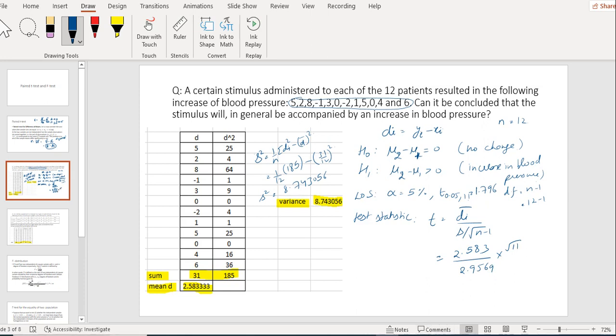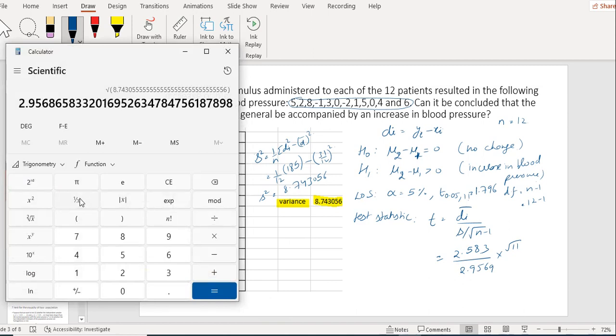To calculate this value, I take the reciprocal of this number, multiply it with 2.583 and multiply by square root of 11. So its value comes out to be 2.89.